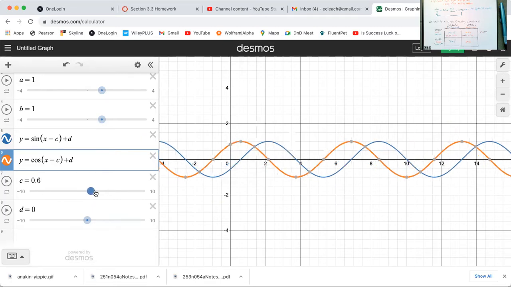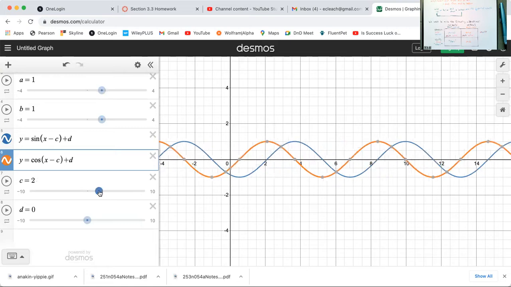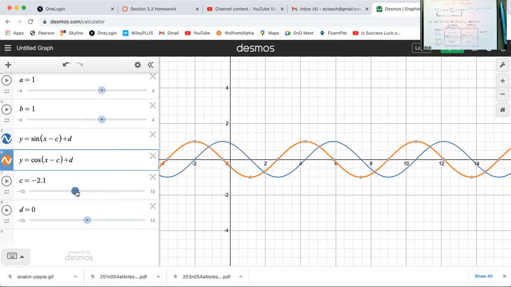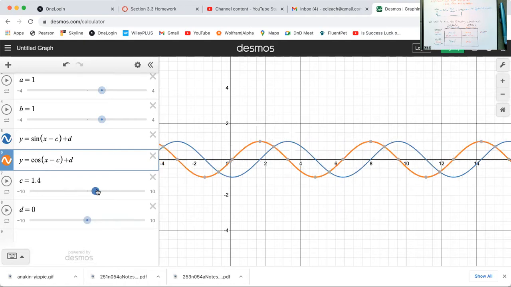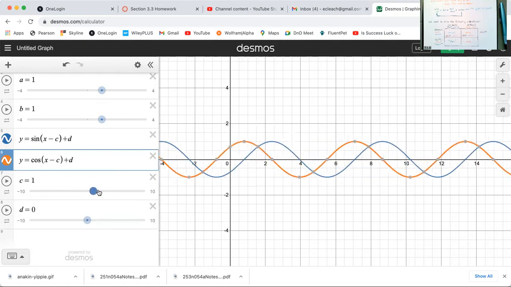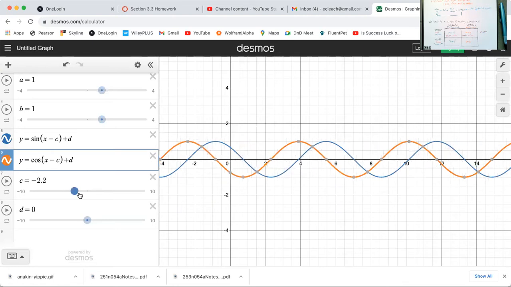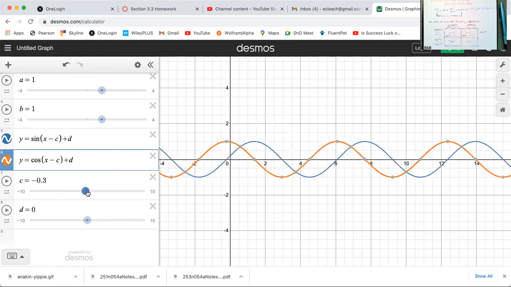Notice that we're maintaining the same amplitude and the same period, and we're maintaining the same middle. When we do addition or subtraction before the trig function, we end up with a horizontal shift.